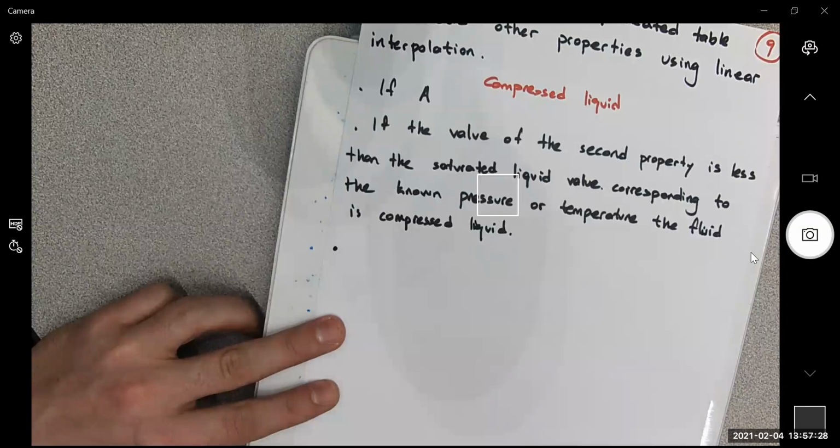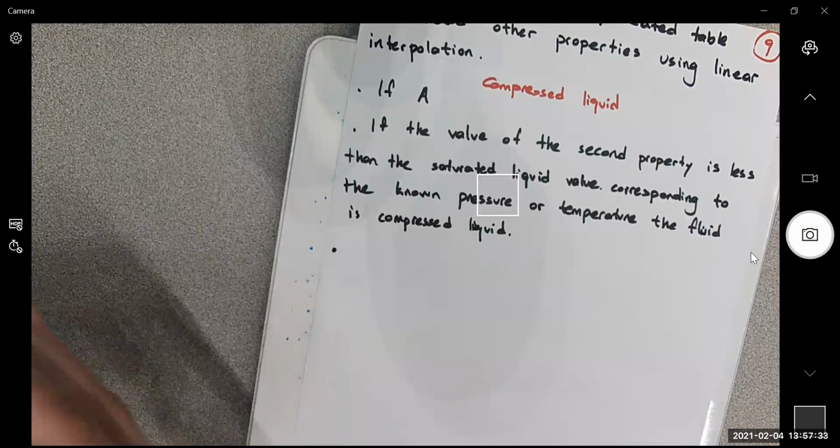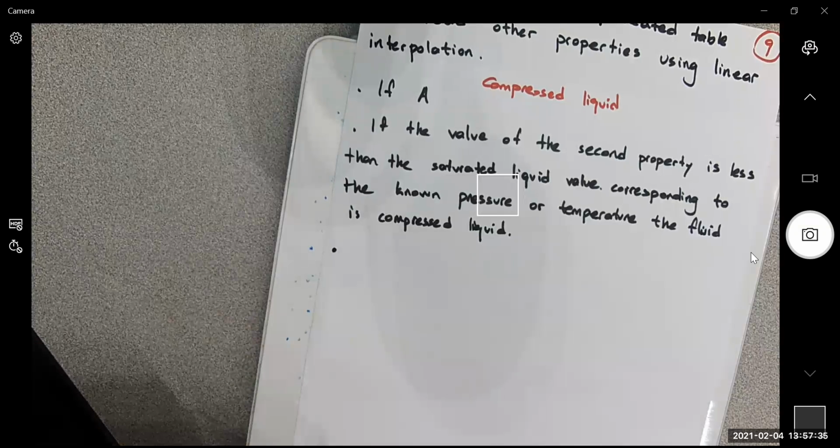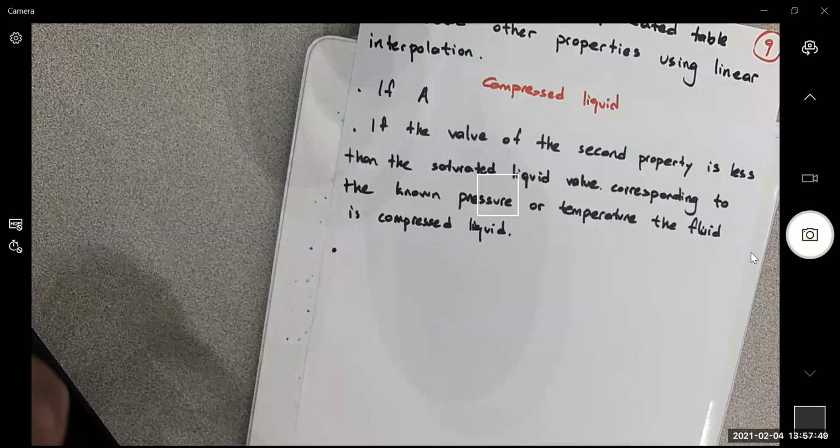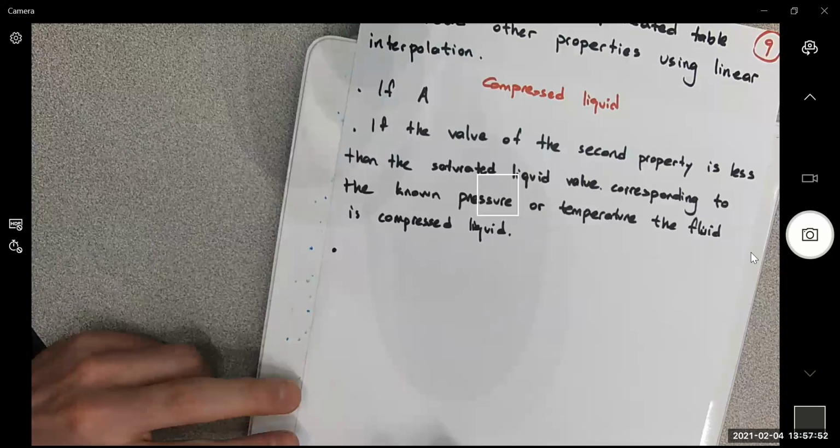Even if available, they will not give you a wide range of temperature or pressure. It will give you 50 Celsius and then jump to 200 Celsius, or 2 bar and then jump to 20 bar. So it will not give you detailed tabulated values.